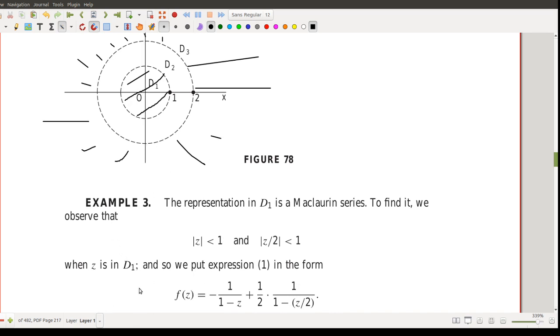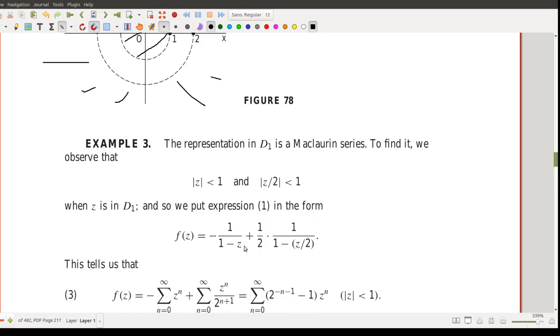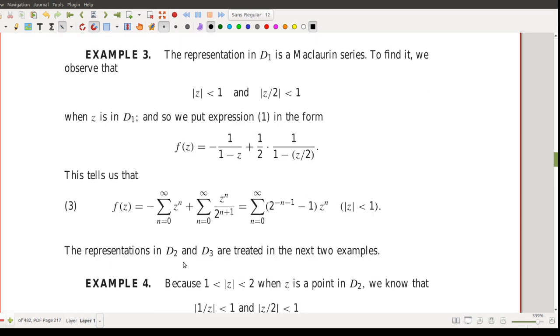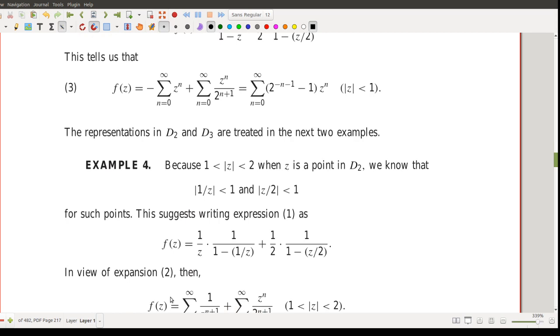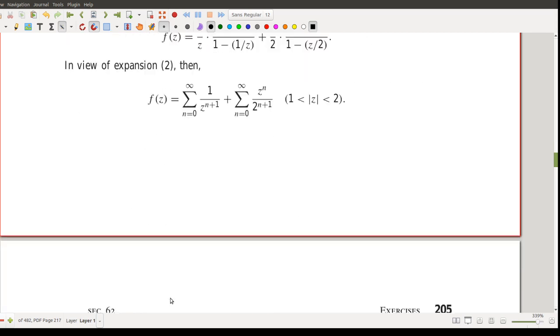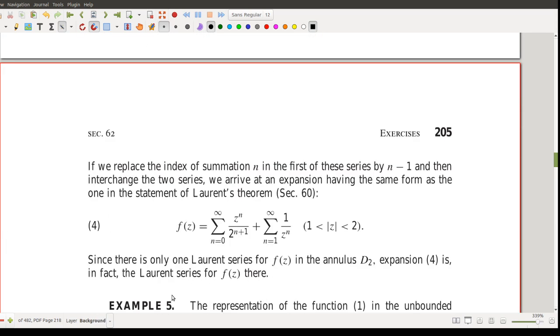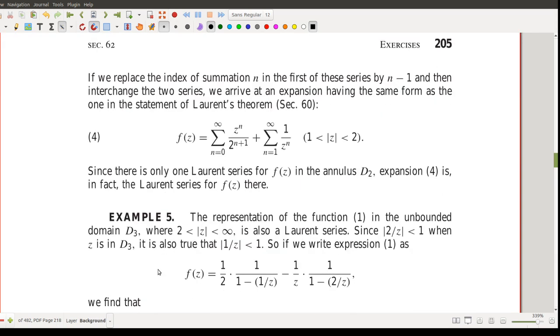So find the expansions of f of z which are valid for D1, for D2, and for D3 as well. So we consider these as three distinct questions. You can go through these examples, example 3, example 4, etc. In these examples, they consider the series expansion of a function which is valid for a region you have been given.